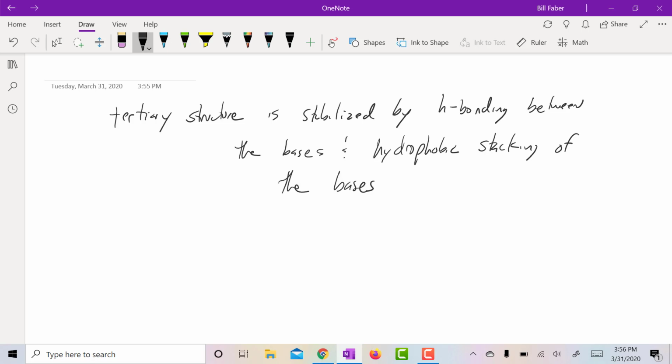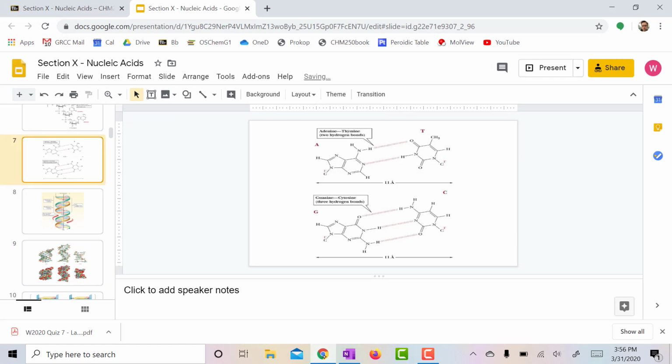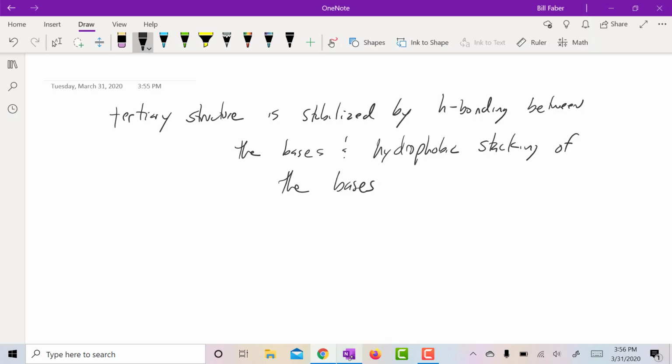And if you go back and look at these structures, it's because if you look at just the bases here, you can see there's a bunch of pi bonds in these structures, and when they stack on top of one another, they induce dipoles in these pi bonds, and it actually helps stabilize that overall structure. So I want you to know that it's not just the hydrogen bonding, it's also the hydrophobic stacking.